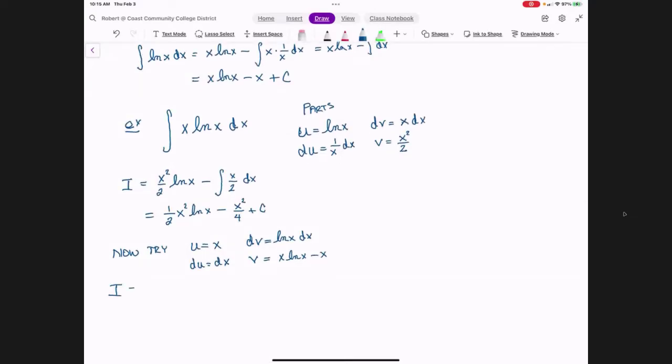So our integral is uv, x squared natural log of x minus x squared, minus the integral of x natural log of x minus x dx. Yikes.